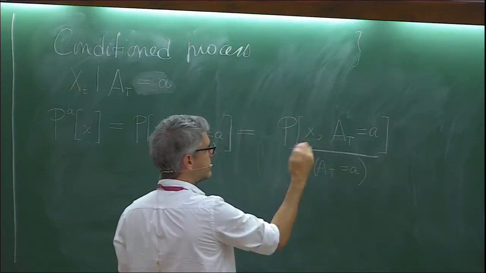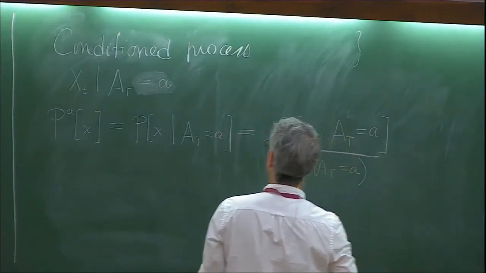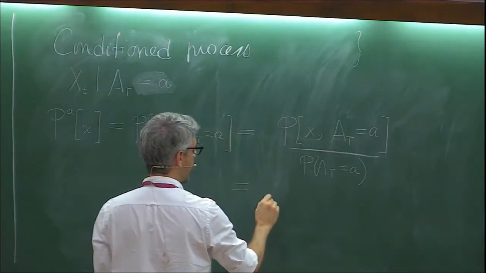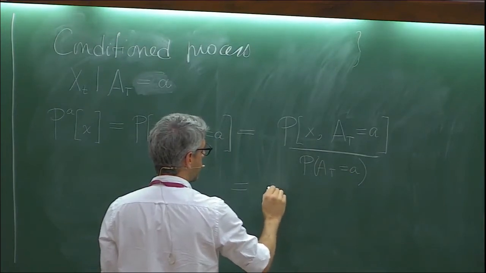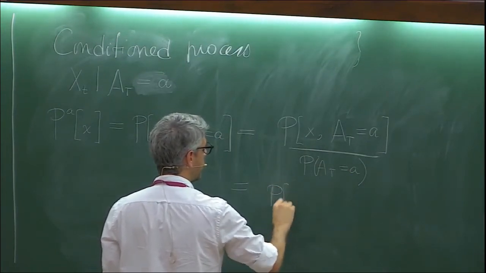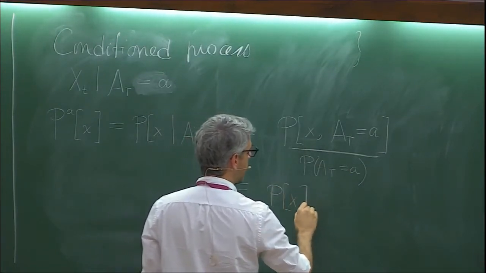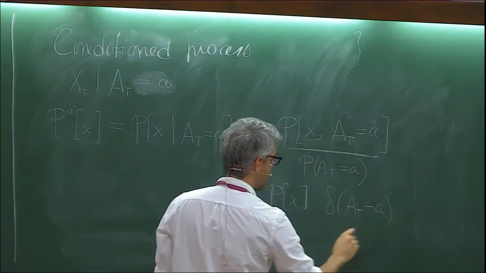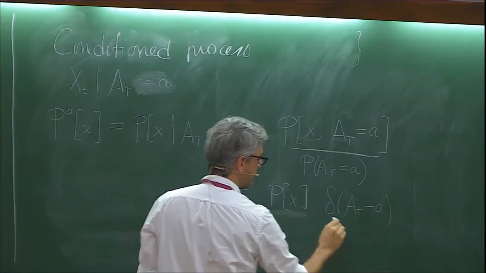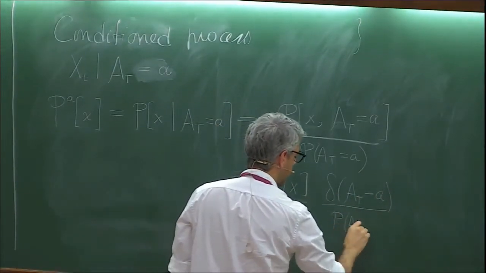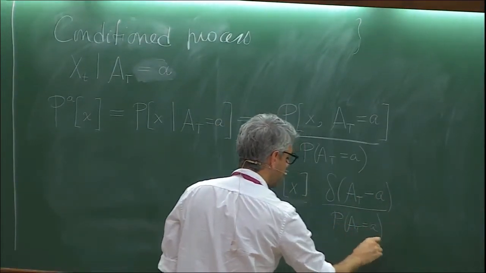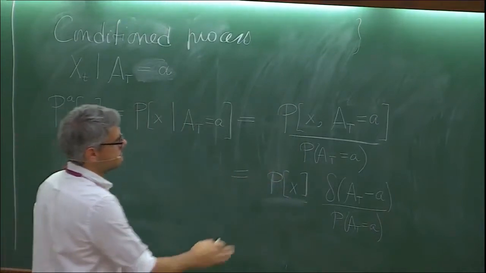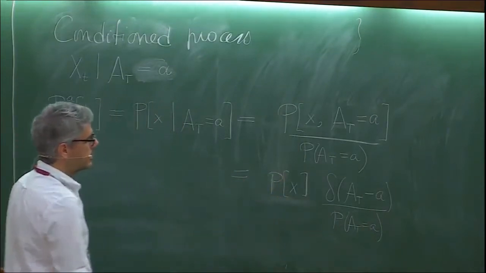And if I reverse this using Bayes' rule, what I find is I have the original probability of x, with the constraint that A_T is equal to A, divided by the normalization here. Okay? So this is just using Bayes to rewrite the conditioning.